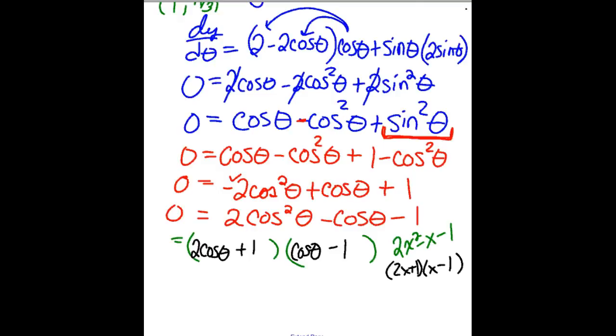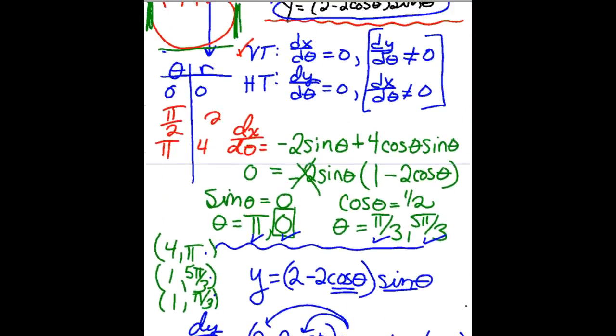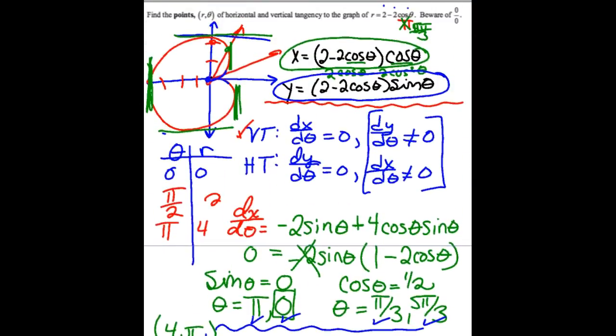And now this is super solvable because I need to know where cosine theta is equal to -1/2. Where does that occur? At theta equal to 2 pi thirds, right? Now let's go back to my crappy graph. Oh boy, it's so far up there. That's right here.